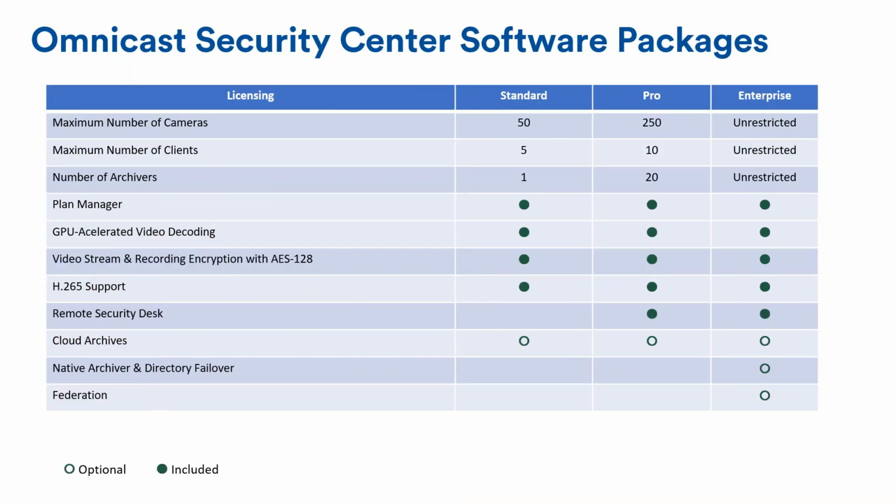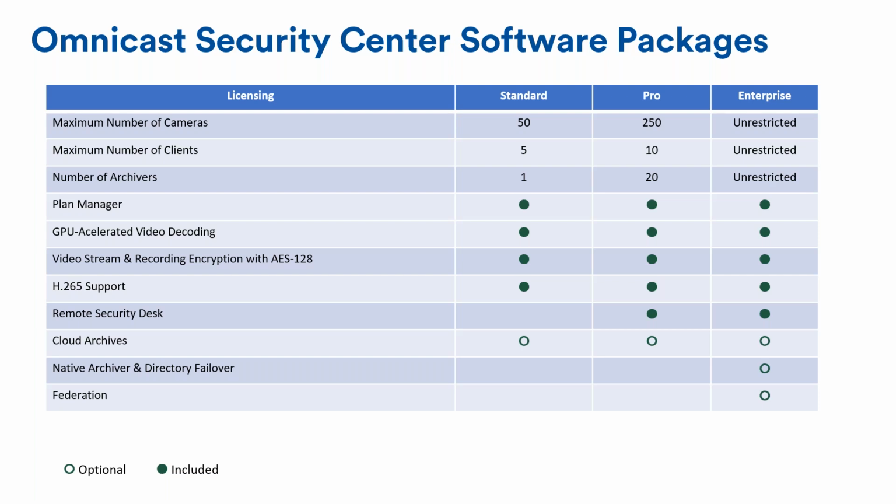So Omnicast comes under 3 different packages: a standard, a pro, and an enterprise. Under the standard package, you can support up to 50 IP cameras. You have up to 5 clients logging in at the same time. Now, these 5 clients could be logging in through the Security Desk client software or through the web browser.